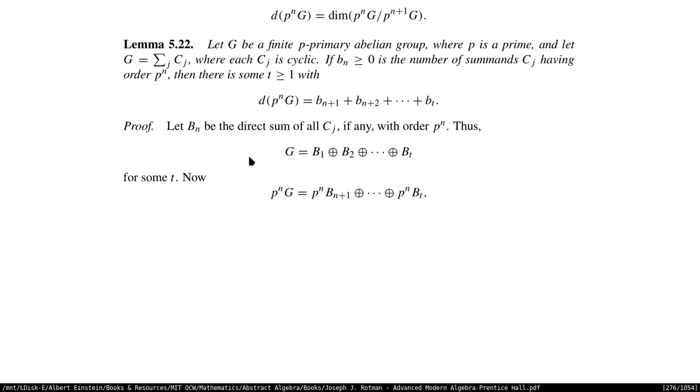Thus, G is going to be the direct sum of all the B's you have there up until T, right? So P to the n G is equal to P to the n of all these B's, right? And then you take the direct sum.